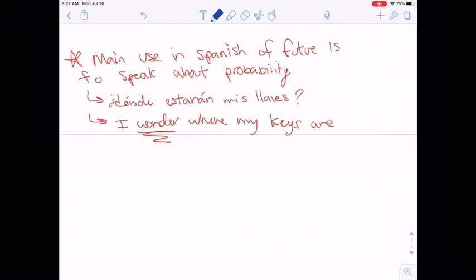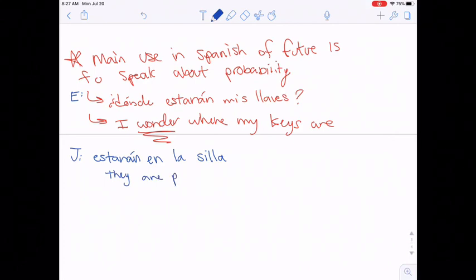I could respond to that as a different person. Like we could say this is like Esteban and this is José. And José could say estarán en la silla. They are probably in the seat. So in that case, you can answer a conjecture one.